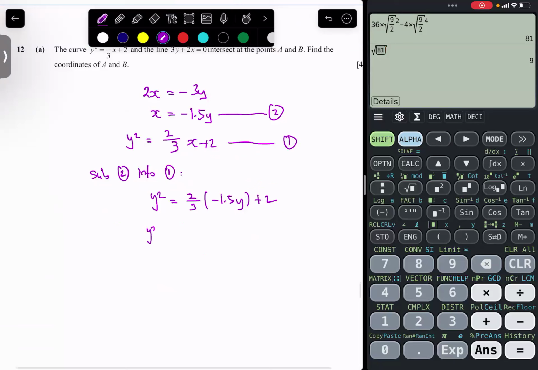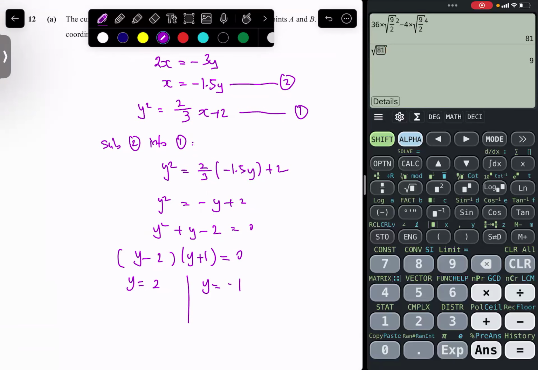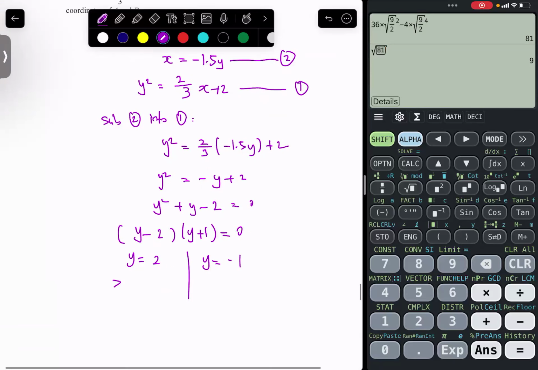So y squared equals negative y plus 2. y squared plus y minus 2 equals 0. y minus 2, y plus 1 equals 0. y equals 2 or y equals negative 1.